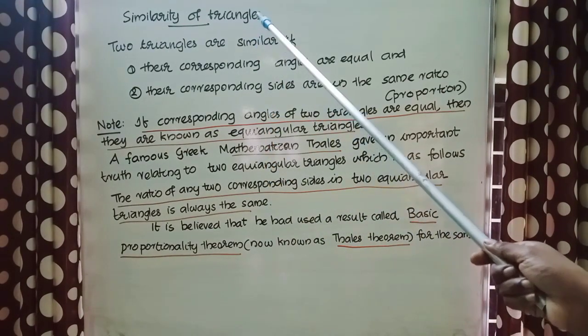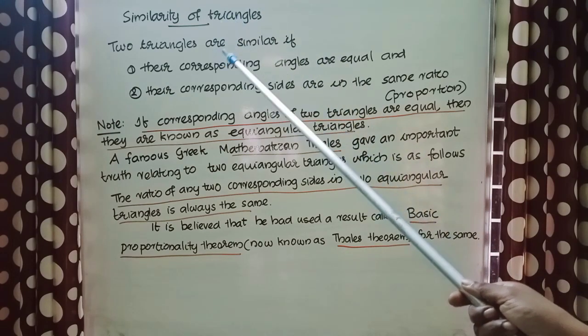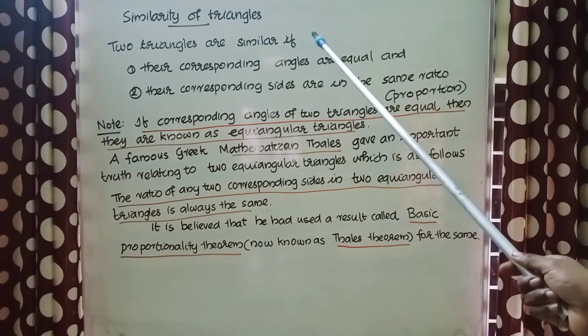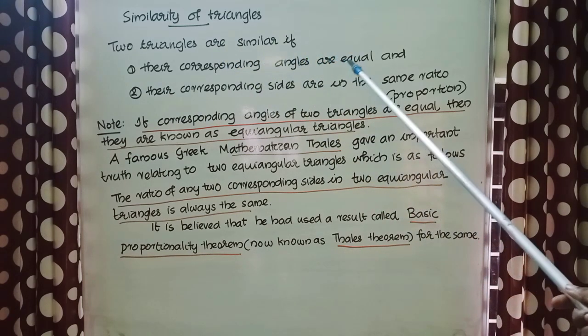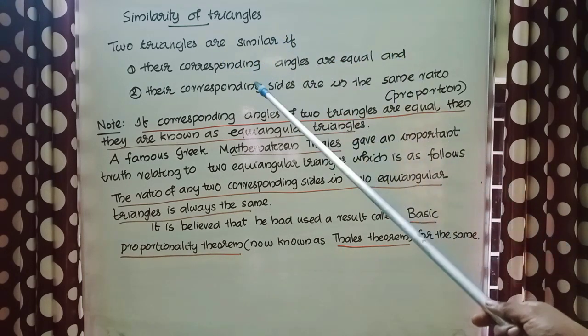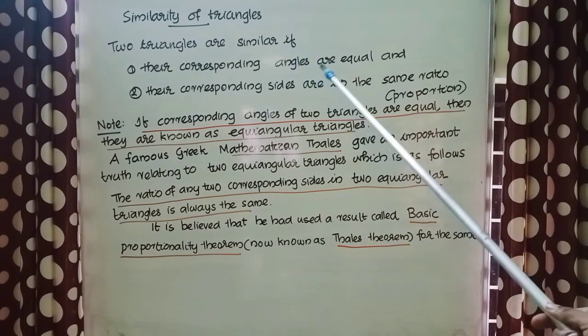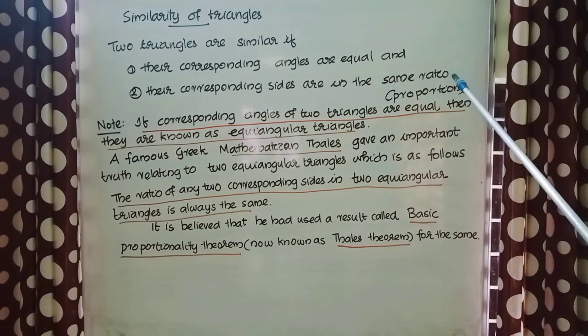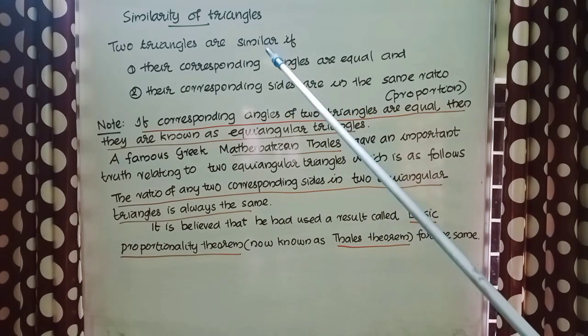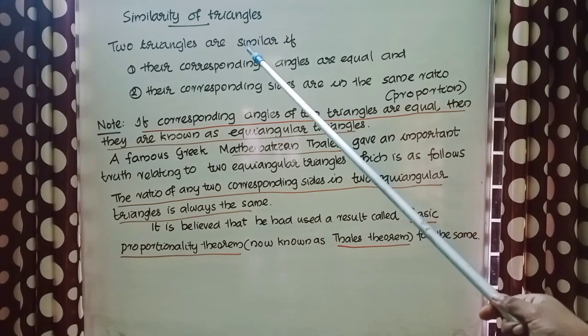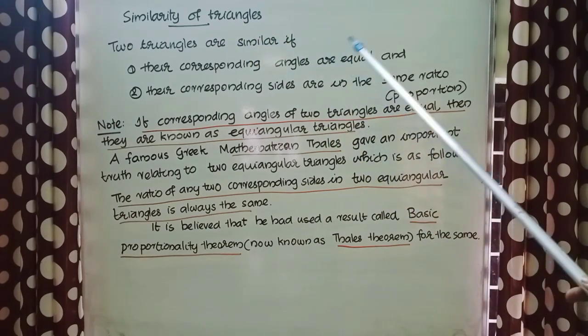Similarity of triangles. Two triangles are similar if their corresponding angles are equal and their corresponding sides are in the same ratio, that is, proportion. So we can say two triangles are similar if, first condition, corresponding angles are equal.